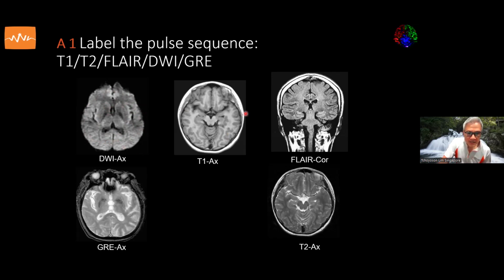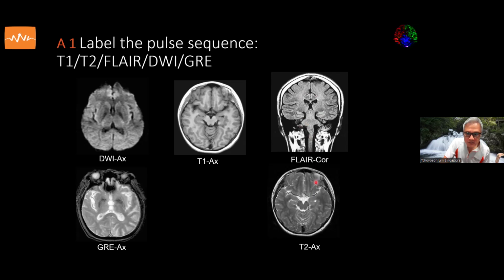So to recap, the one that looks like a CT is usually a T1 weighted MR image, where we look for the anatomy. The T2 weighted MR image, where the CSF is hyperintense, is very good for pathology comparative to the anatomy that the T1 allows us to see.